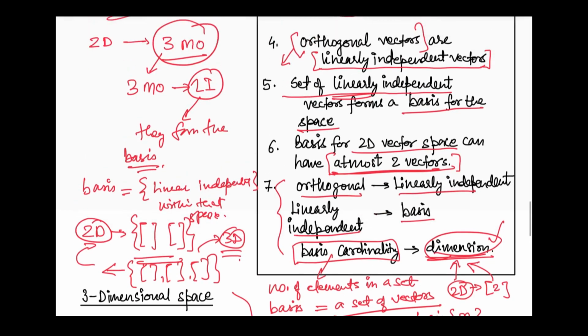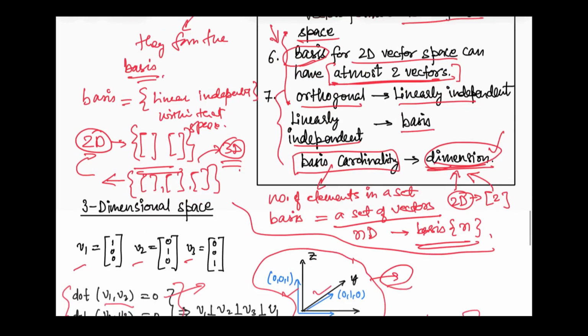So this also links how the property of orthogonality leads to finding the basis for any particular vector space.